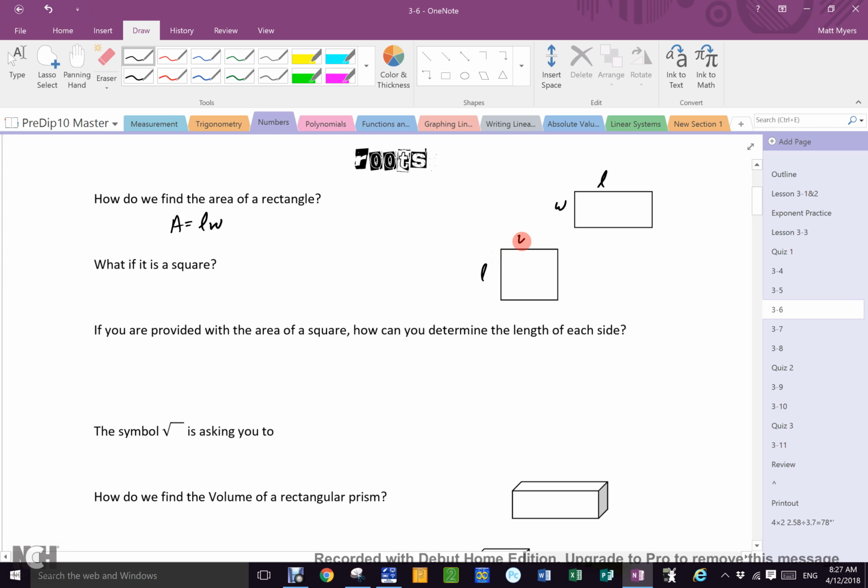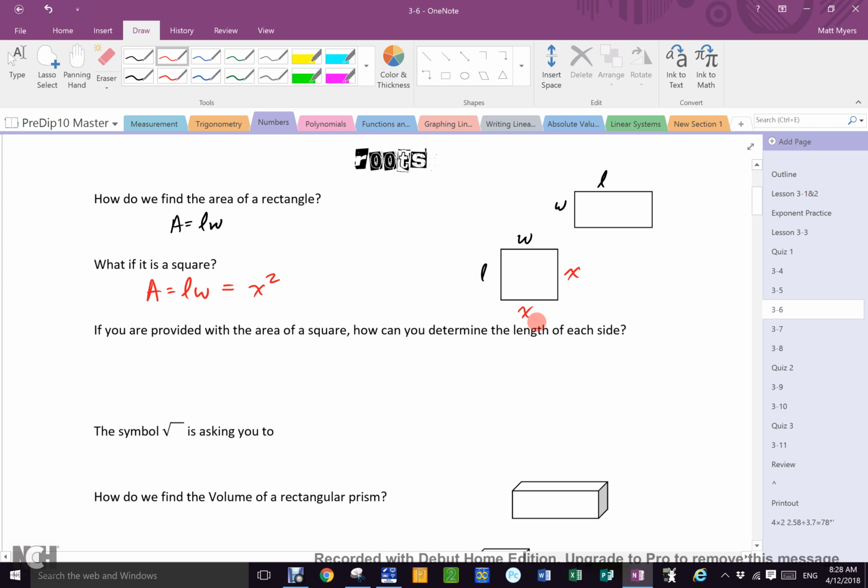So I can still go LW, but what makes a square a square? All sides the same. So L and W don't need two different letters, do they? I can make them the same. X and X. So even though the area of a square is still technically LW, because L and W are the same, we write it as X squared. Everybody cool?